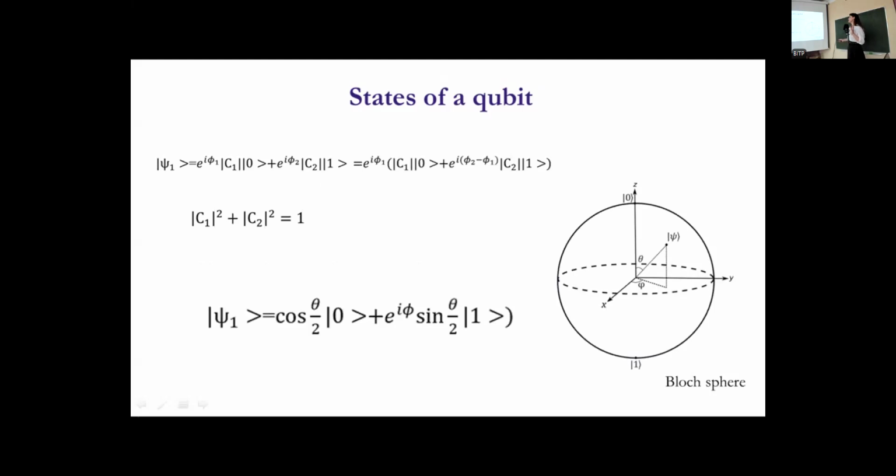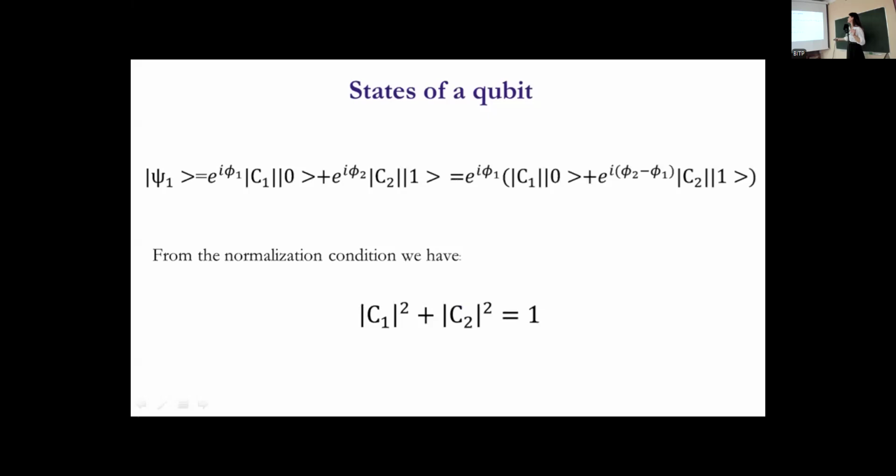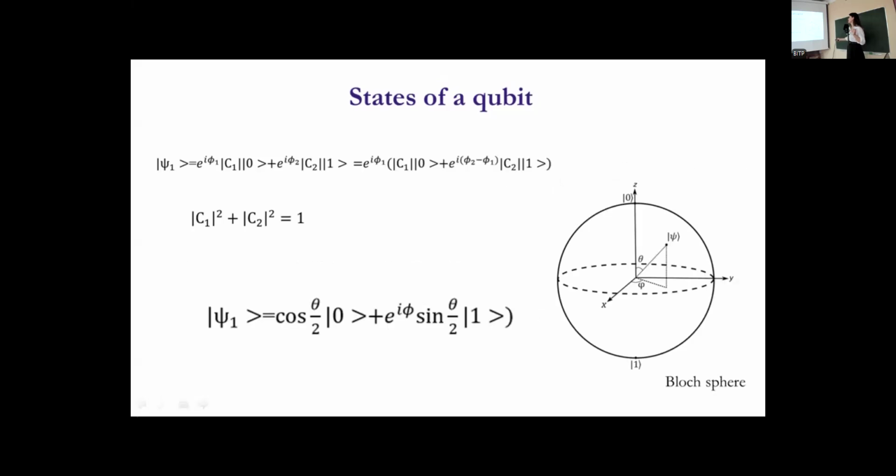And it's very convenient to use the following representation. Instead of writing the absolute values of these constants, because they have to satisfy this condition, we write cosines and sines, and we know that cosine squared plus sine squared equals 1.